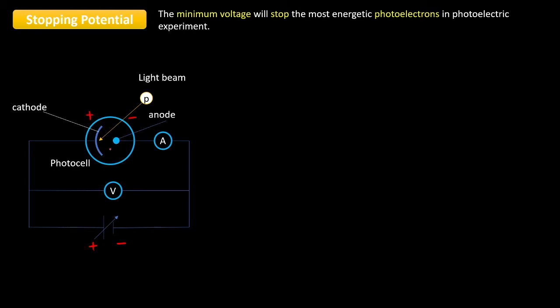When the light beam is incident on the surface of the cathode, the electron at the surface of the cathode will gain the photon energy and be emitted as a photoelectron, attracted towards the anode. If there is no reverse voltage, these photoelectrons will reach the anode without any obstacles or retarding force.